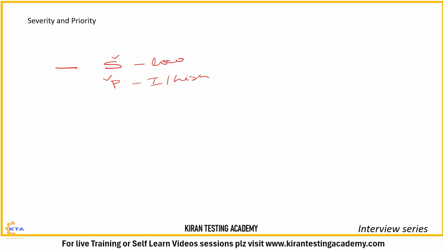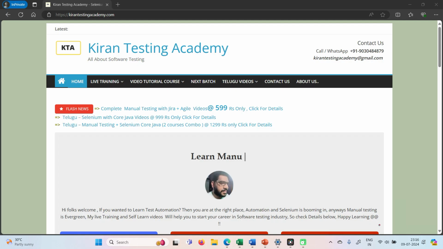See, this is a very simple example I'll give you. I have an application. Assume that according to the requirements, the logo of our application should be KTA. And point two is that we are going to release this application tomorrow.